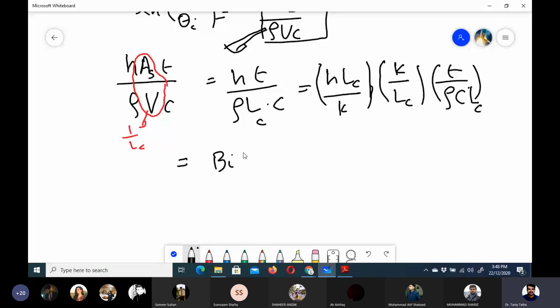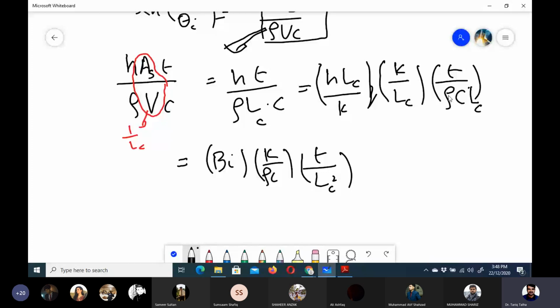So it is Biot number, then if I rearrange it a little bit, I can write it k upon rho c. This is k, this is rho c, so I take this rho c here, and then I can write here t upon Lc square. So I have taken Lc here and taken rho c here.